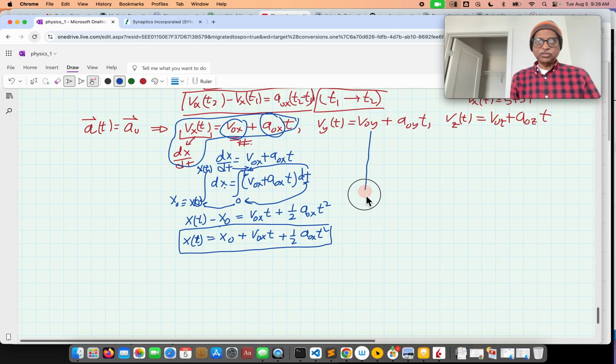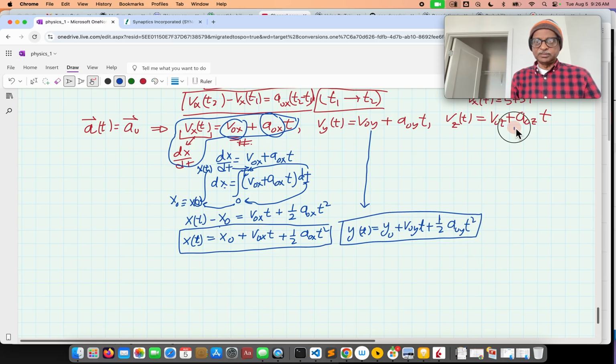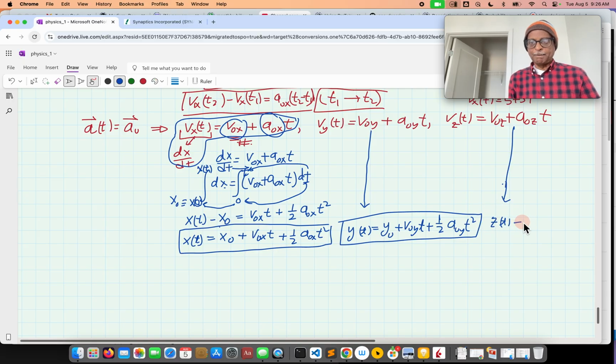And nothing stops us from doing this for the other ones. y of t equals y0 plus v0y t plus half a0y t square. And you can just go down the line with the z direction: z of t equals z0 plus v0z t plus half a0z t square.